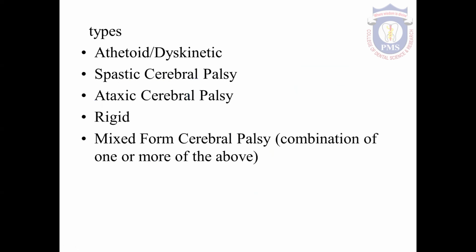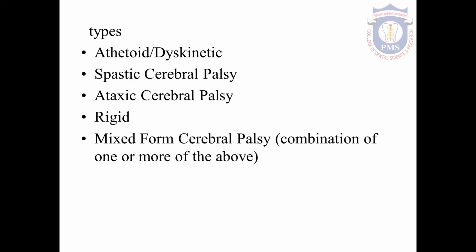So there are different types of it, depending upon the neuromuscular areas involved. The most common one is the spastic type. Then comes the athetotic or dyskinetic type, otherwise called the choreoathetotic type.